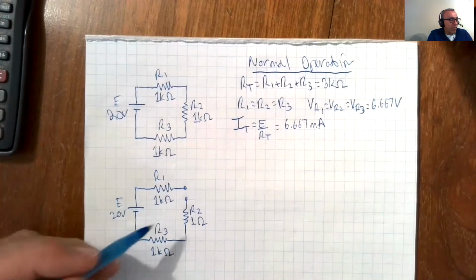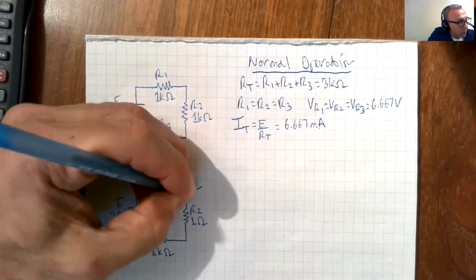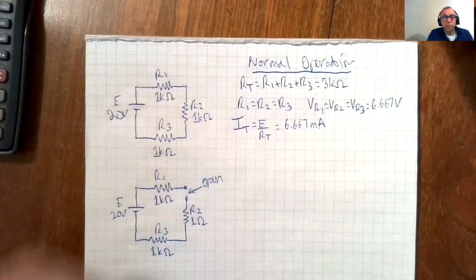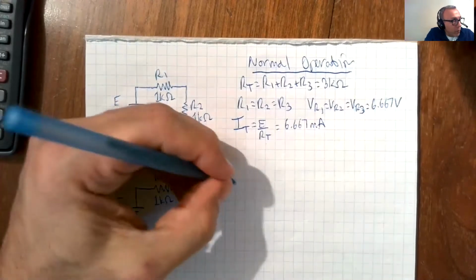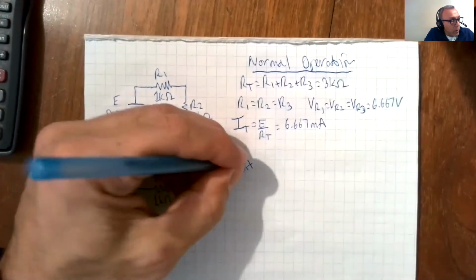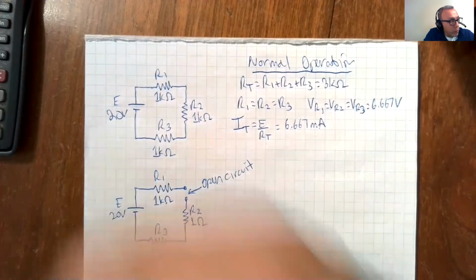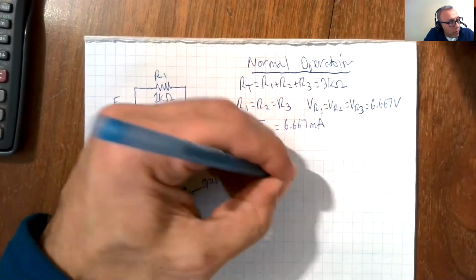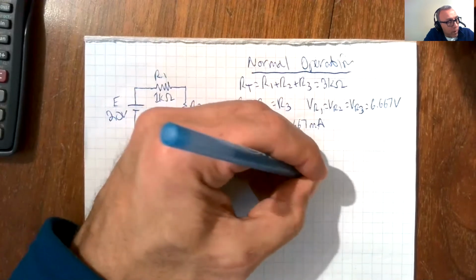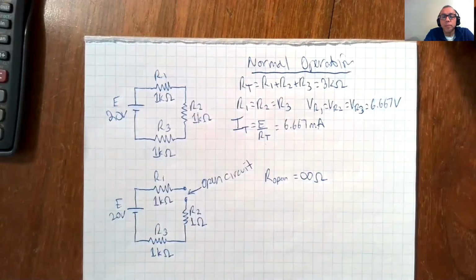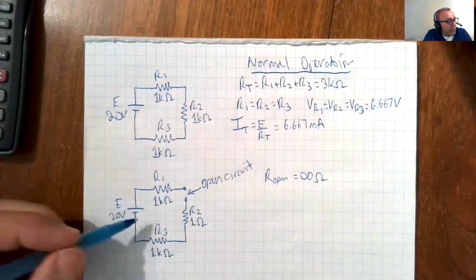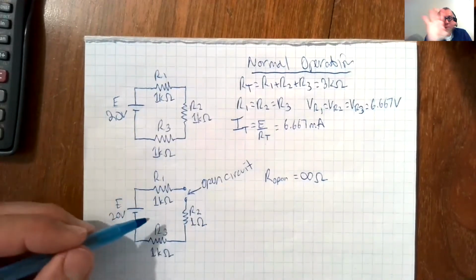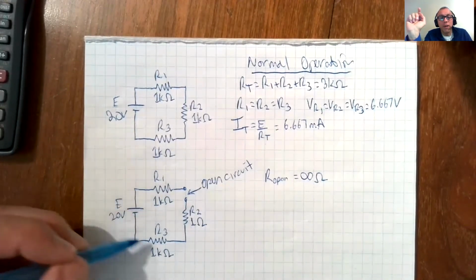We have that there. We now have an open circuit. So if you remember that the resistance of an open is infinite. Okay, so we still have to consider this a loop, and I'll show you why. Still consider this to be a loop.